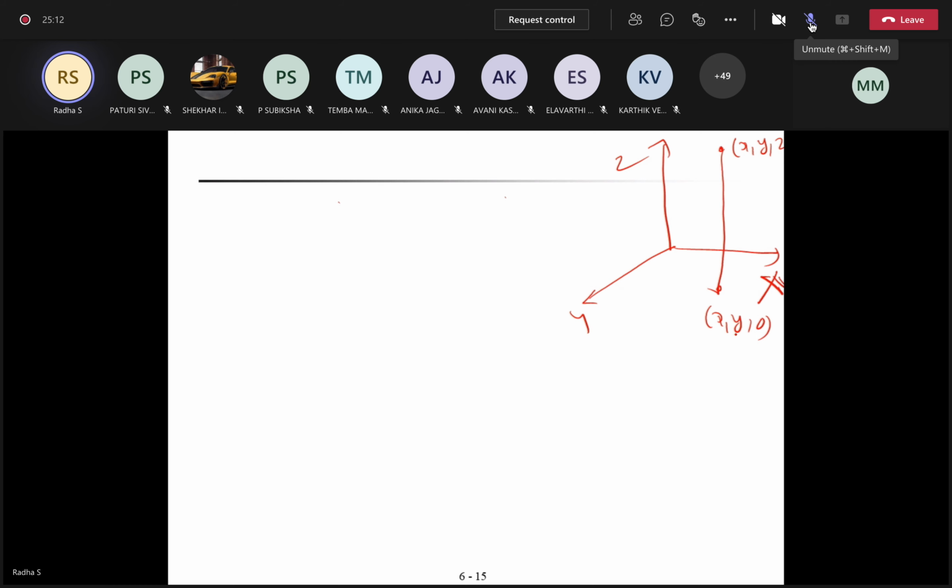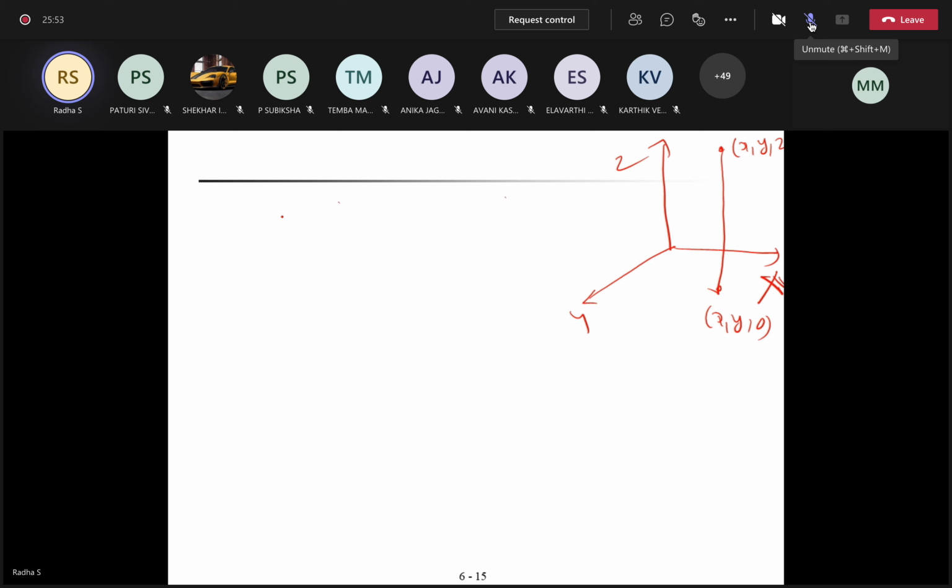So I'm doing a projection on the XY plane. You are projecting X, Y, Z on the XY plane, thereby reducing one dimension. The set of all points X, Y, 0 will be isomorphic to R square. The z direction is fixed. Is this clear? So this is called projection.